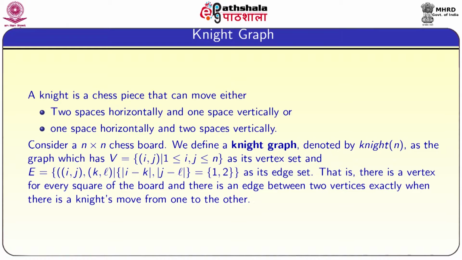That is, there is a vertex for every square of the board and there is an edge between two vertices exactly when there is a knight move from one to the other.